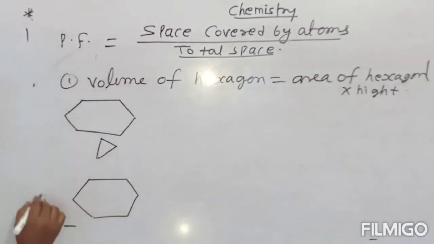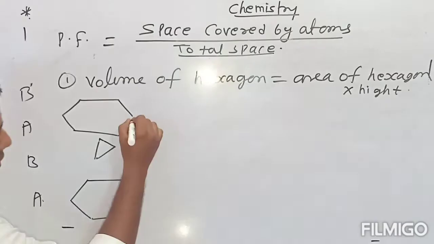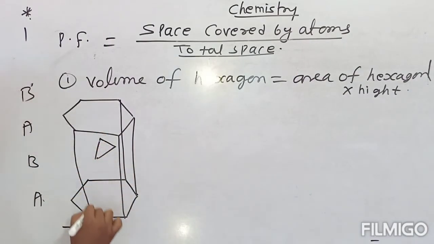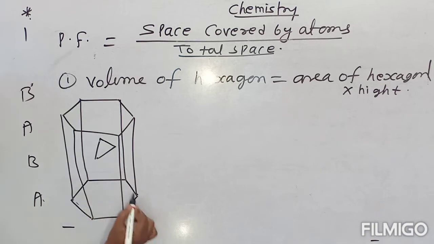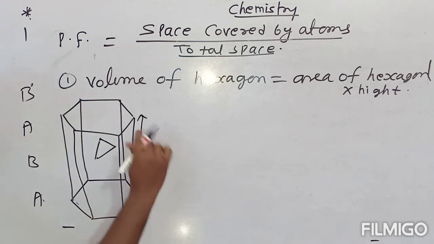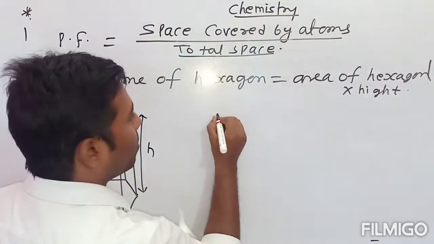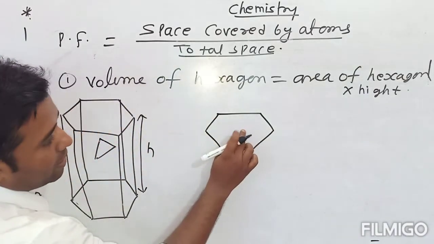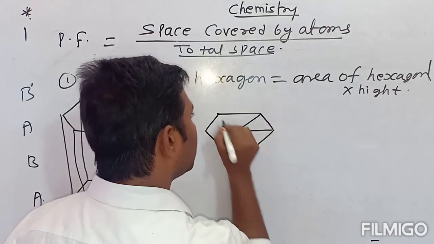This type of arrangement is known as AB type arrangement. So this is the total volume of the hexagon, which we calculate by the area of the hexagon into this height. This is the height, and the area of the hexagon is this.